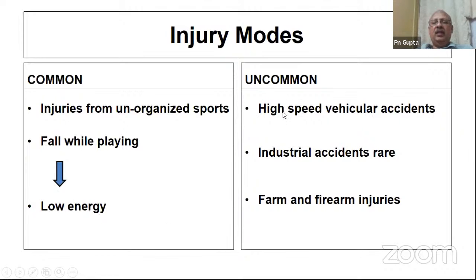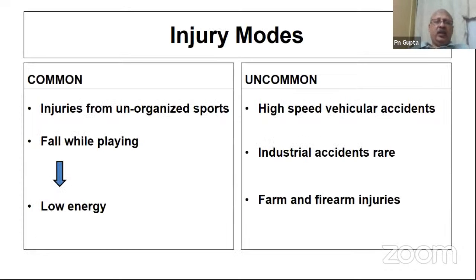High energy injuries, including vehicular accidents, are uncommon. Industrial accidents are very rare, as there is no child labor as of now, as I understand, in India. Firearm injuries are unheard of. Farm injuries, especially toka injuries, are sometimes common in the villages.